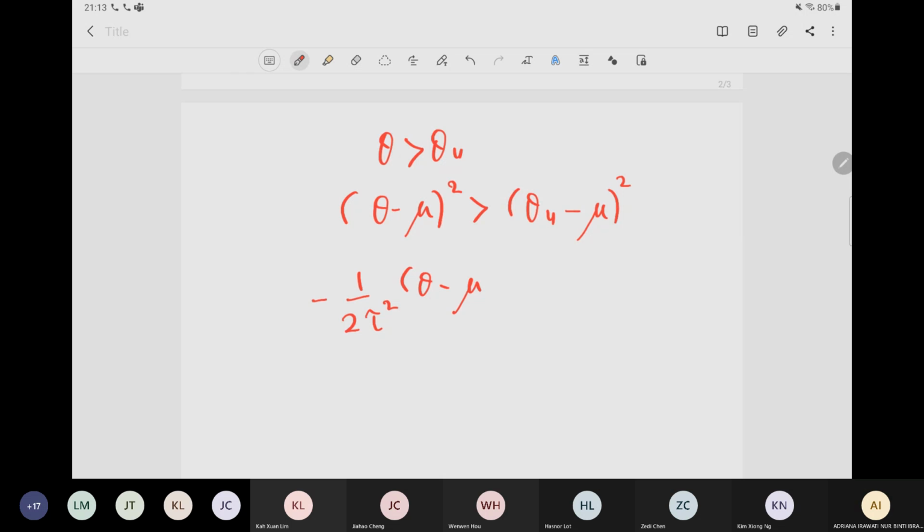This is where you have to be careful, because you put a negative, so the sign will change.